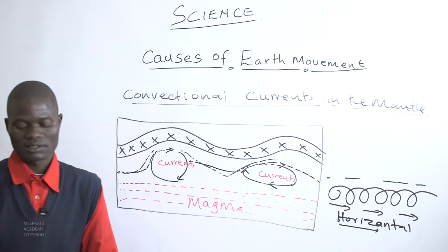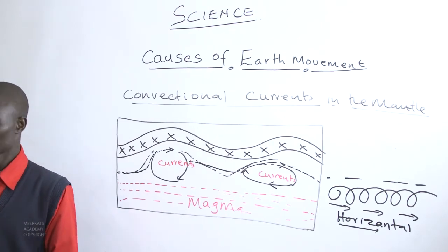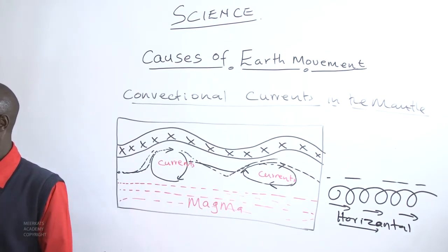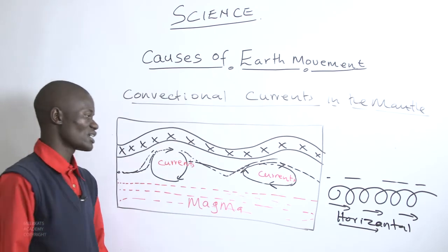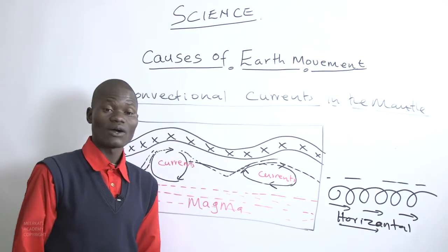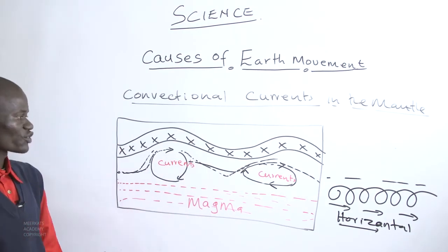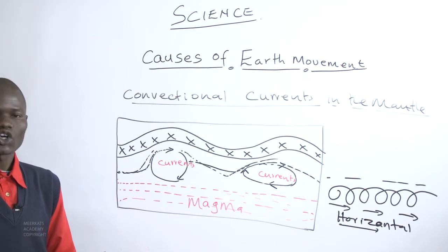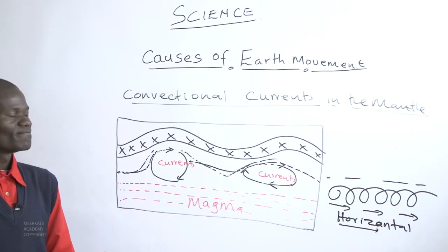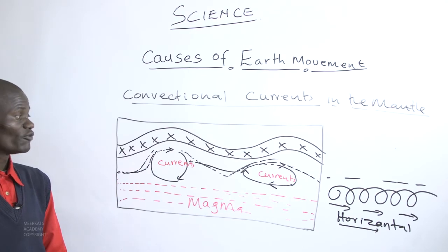Lastly, let us look at the isostatic adjustment. This is how the convectional currents may cause horizontal earth movement.